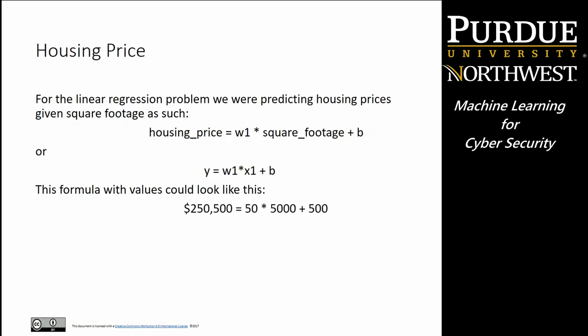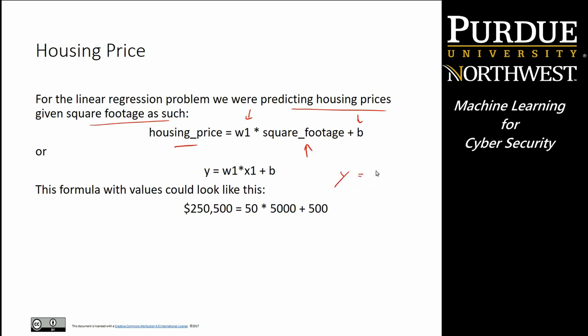So housing price, let's start there. So for the linear regression problem, we were predicting housing prices. So we were predicting housing prices given square footage, right? So we had square footage over here, and then we learned W and the bias, and that gave us the housing price, right? So that's basically equal to this equation, right?